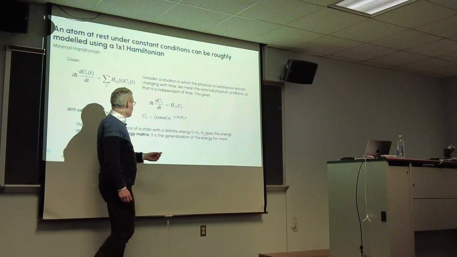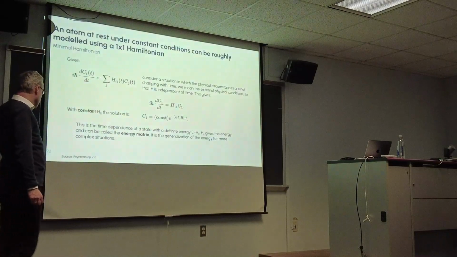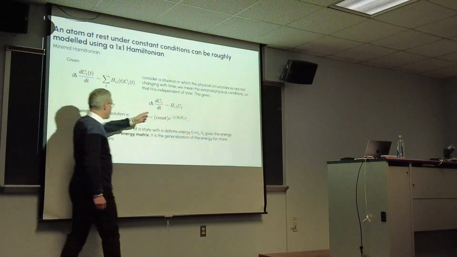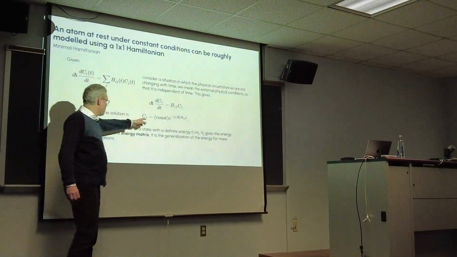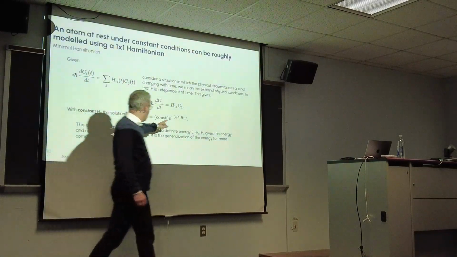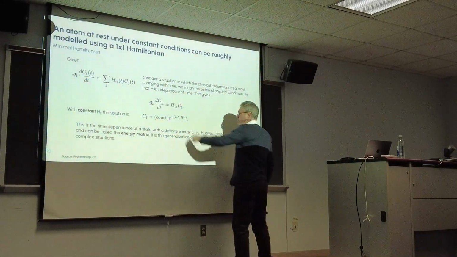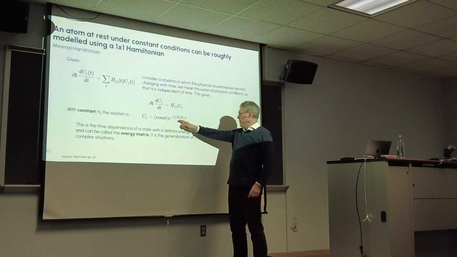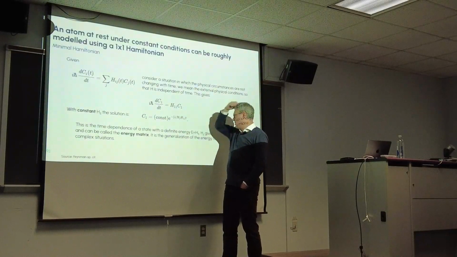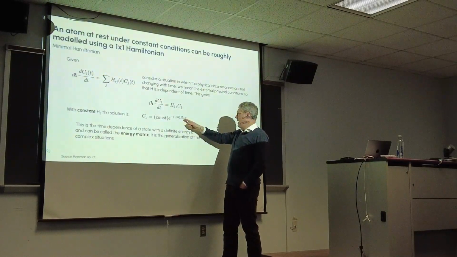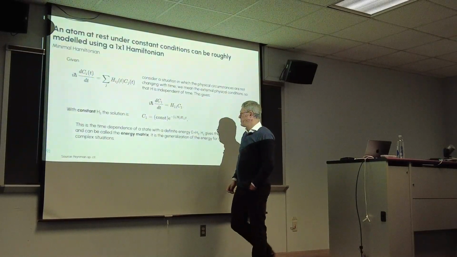And so this is a very simple differential equation, and the solution, when H11 is constant, because we say there's just one particle sitting there, is a constant multiplied times the exponential function with this term in it, minus i divided by h-bar times H11 times t.